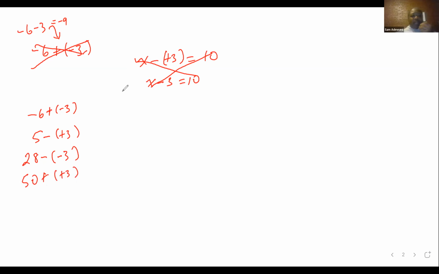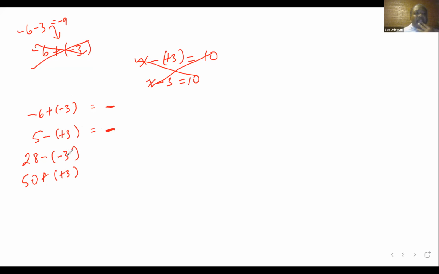Okay, so we're going to take a look at the signs between the numbers. A plus and a minus gives us a minus. A minus and a plus gives us a minus.